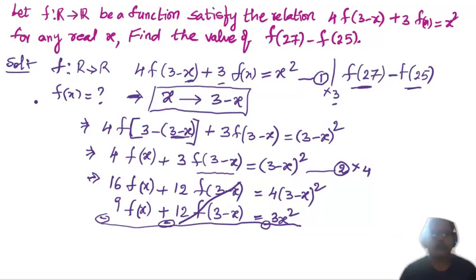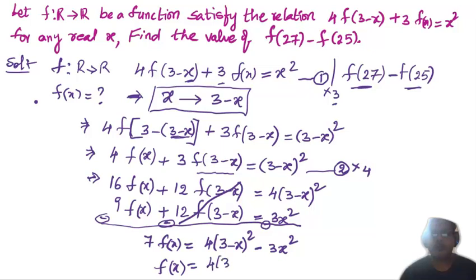So 16 minus 9, 7 f of x is equal to 4 into 3 minus x whole square minus 3x square. So what is the f of x value? f of x is equal to 4 into 3 minus x whole square minus 3x square, whole by 7.